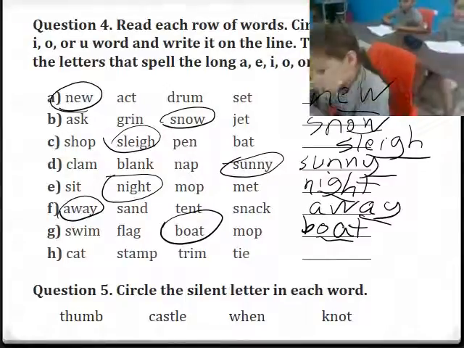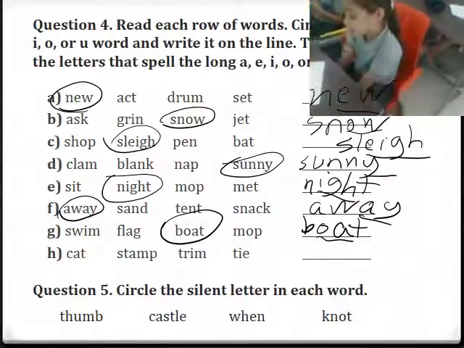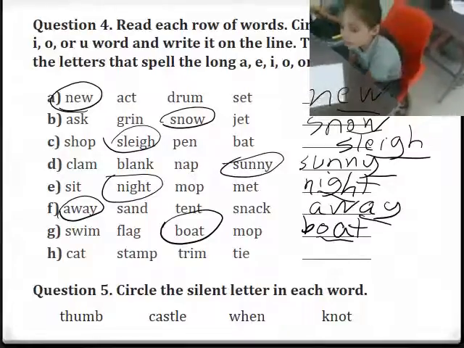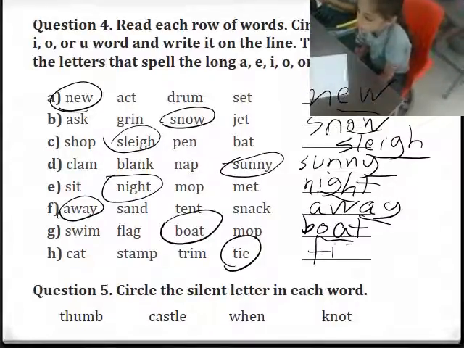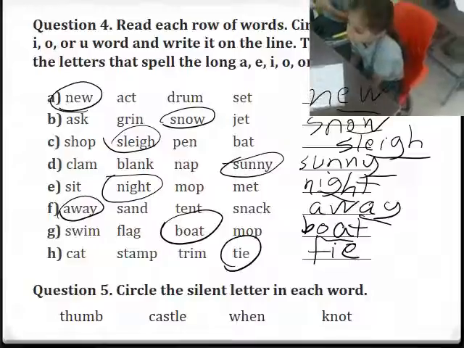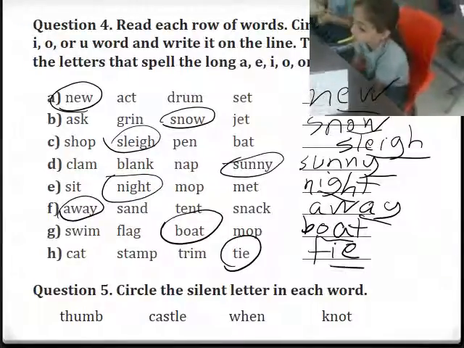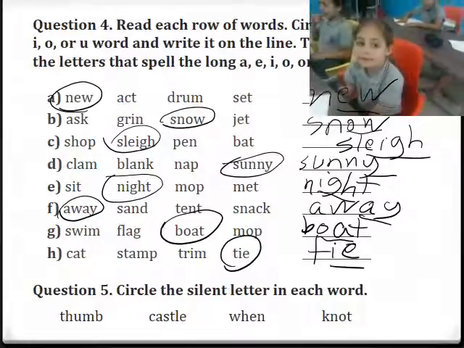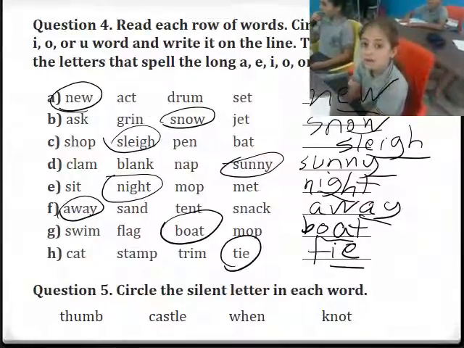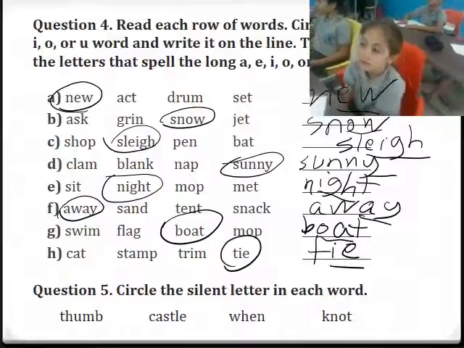Tie. Very good. So we circle the word tie. We write it on the line. What letters do we underline? I-E. They make which sound? I. Yes, they make the long I.